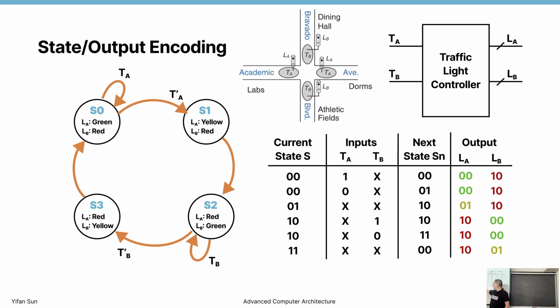These four bits are input, and these 4 bits are output. The current state and input are the input. The next state and output are the output. So 4 inputs, 4 outputs with a design of combinational logic is something that we covered in the previous lecture. Right? So let's keep going.